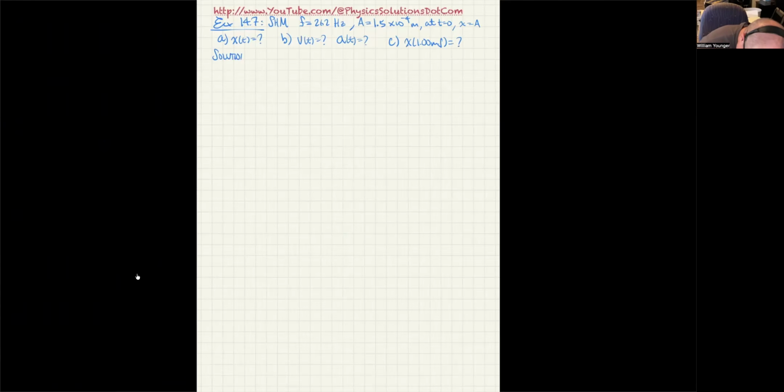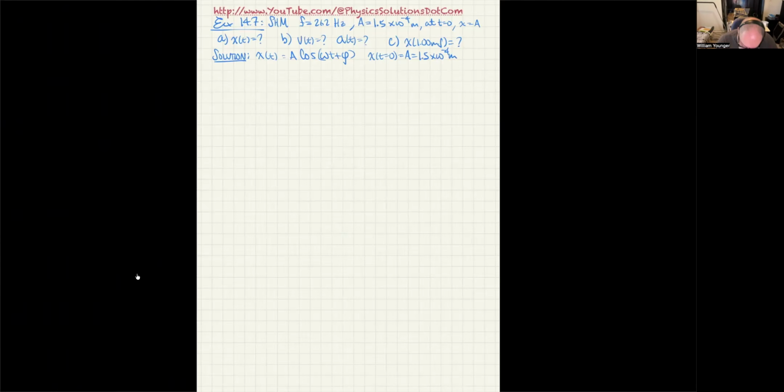Solution. What we know is x of t is equal to A cosine omega t plus phi. And of course, we're told that x of t equals 0 is equal to A. And we're told that A is equal to 1.5 times 10 to the negative fourth meters.